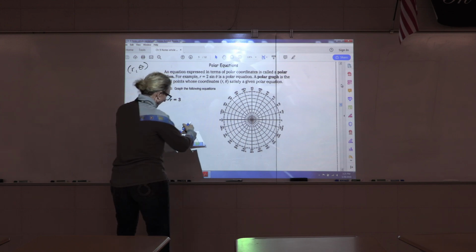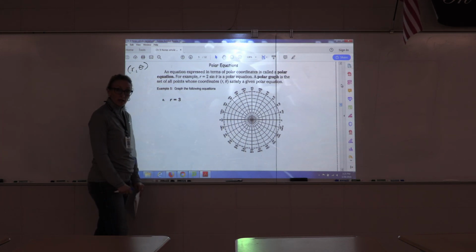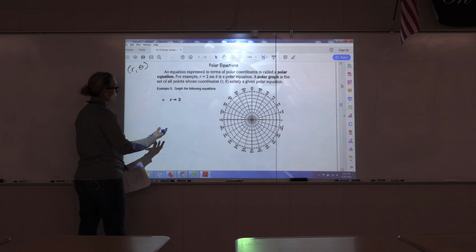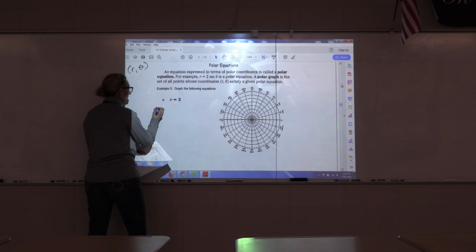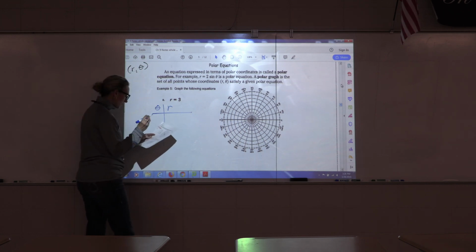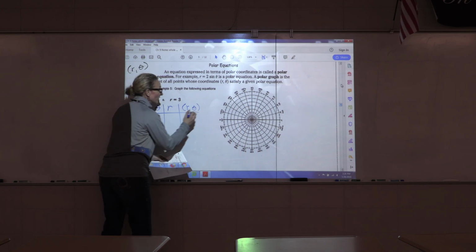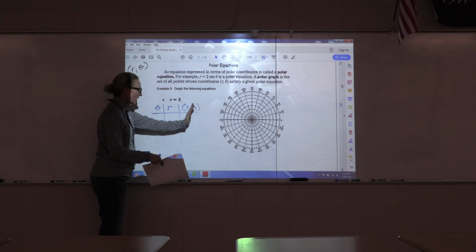All right, back in the day when we didn't know how to graph, in Algebra 1, you made an XY chart. So if we don't know what to do, let's make an r theta or theta r table. Theta, r. And then it gives you r comma theta. Now this setup is a little bit different because normally we'd do x, y, and then in the coordinates, it went x, y.